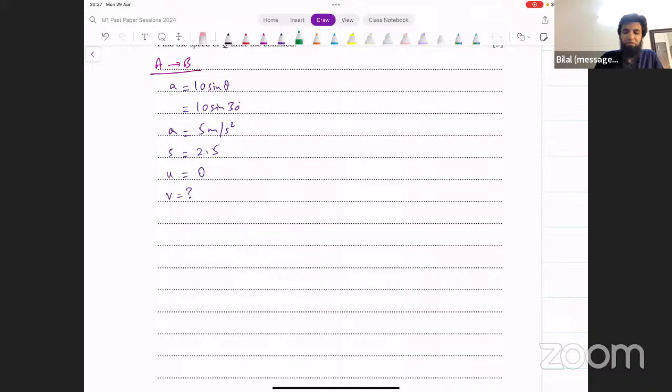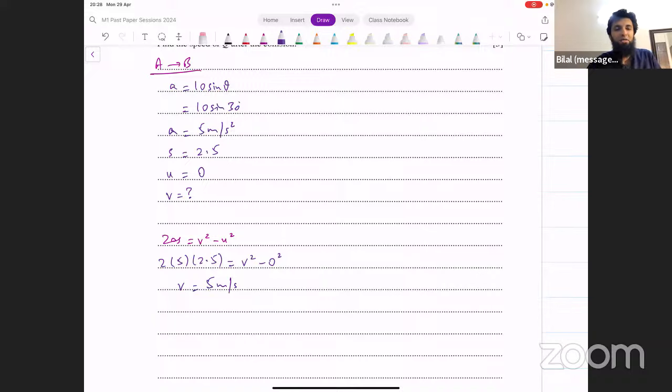Which equation can we use to connect these four things? 2as equals v squared minus u squared. And that gives us 2 into 5 into displacement, which is 2.5, equals v squared minus 0 squared. And that will give us the velocity. 2 into 2.5 is 5, and then square root of that, we get 5 meters per second.